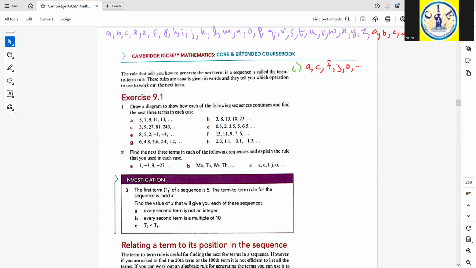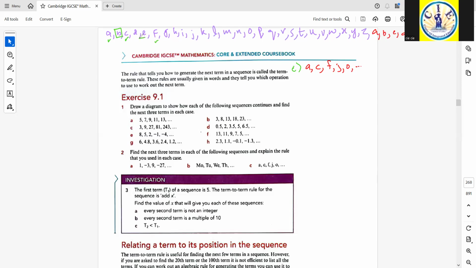Okay. You observe, you are getting C after A. That means you have left one alphabet B. Then after C, we have got F, this one.